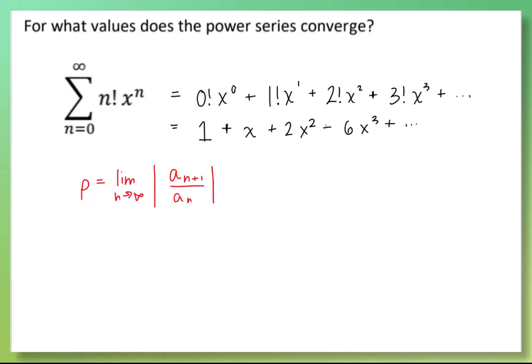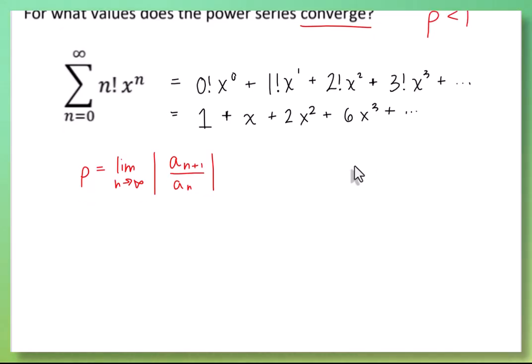In order for it to converge, rho needs to be less than 1, and we'll be able to use that to create an interval and determine where it converges.